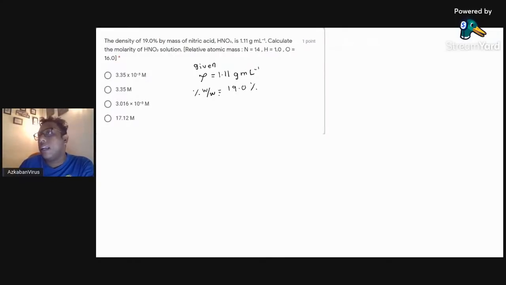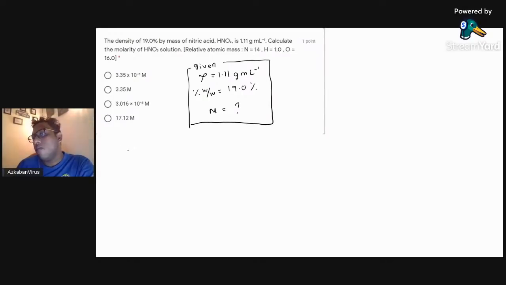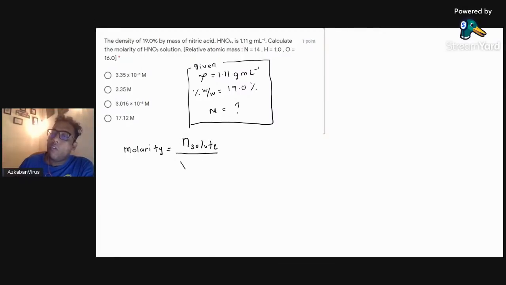It asks to calculate the molarity. Before answering, let us look at the molarity formula. Molarity is equal to mole of solute per volume of solution in liter.